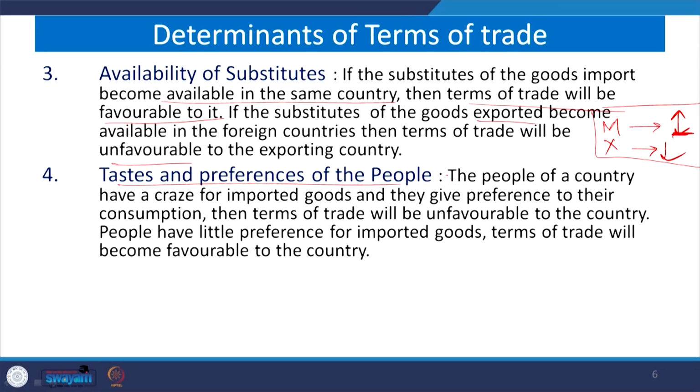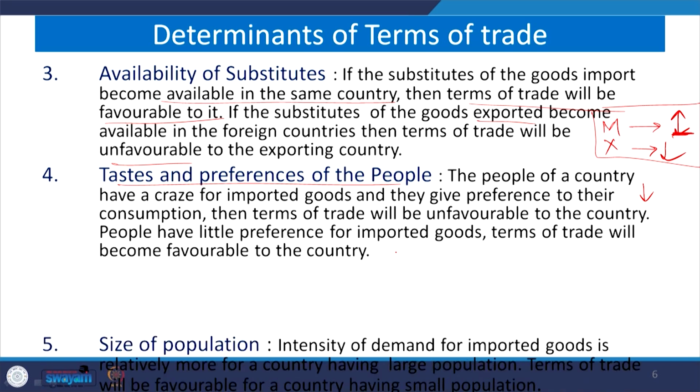That will be unfavorable to our terms of trade, because we have a strong taste and preference for a specific product. Similarly, if people have little preference for imported goods, then it will be favorable for sure. So, these are the factors.